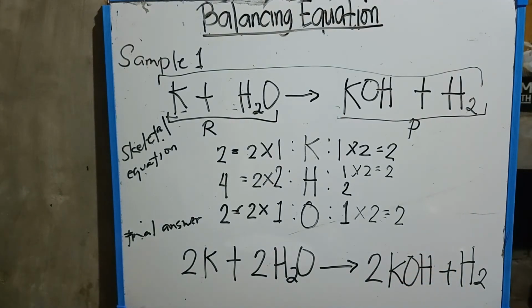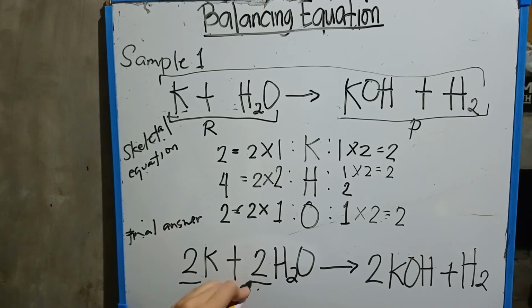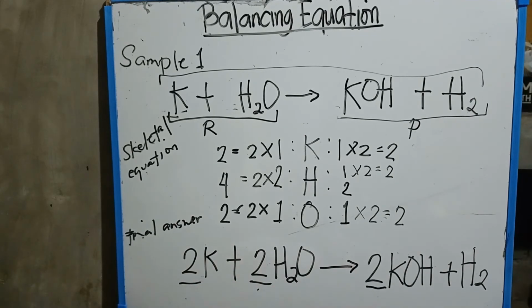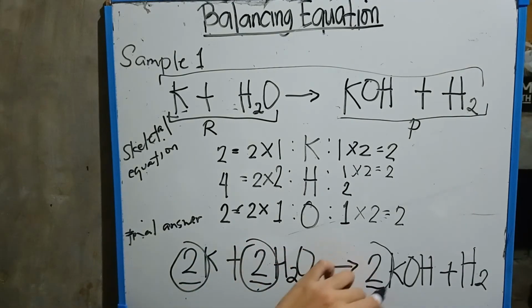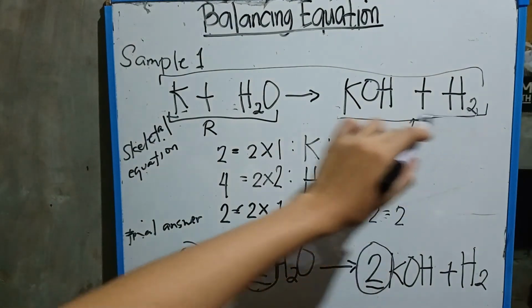So, that is our final answer. So, these are the coefficients that are being added in order to balance the skeletal or the chemical equation. So, these are the atong gigamit para mabalance nato ang atoang skeletal equation.